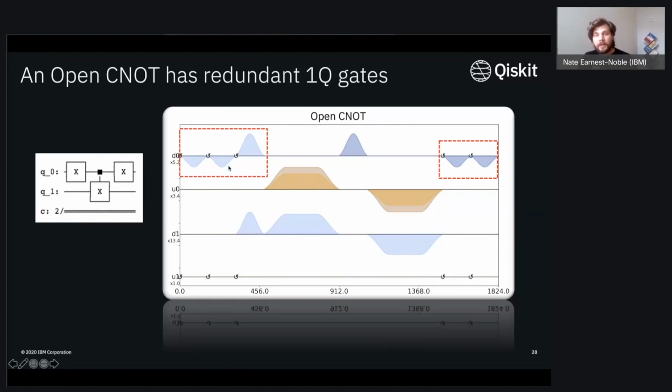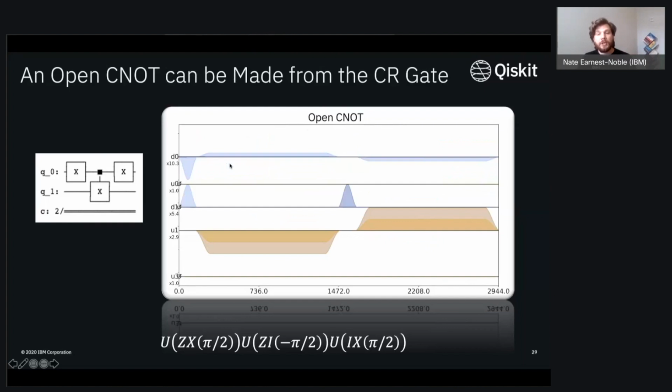However, another thing that you can do is build the 0-controlled CNOT directly from the cross-resonance interaction. Namely, you can take this pulse here, flip it in the opposite direction, and now all of a sudden you've built this open CNOT. Writing it down in the mathematical formalism, earlier we had UZX of pi over 2 with ZI of negative pi over 2, and before it was IX with negative pi over 2.